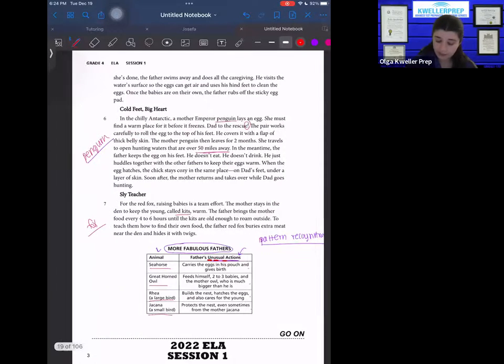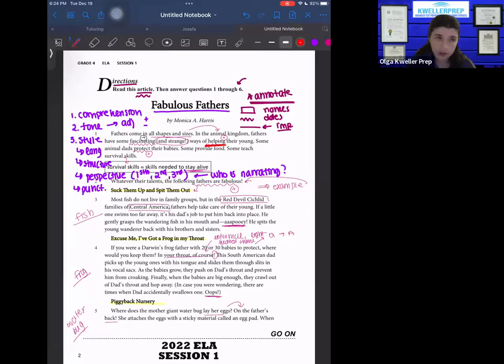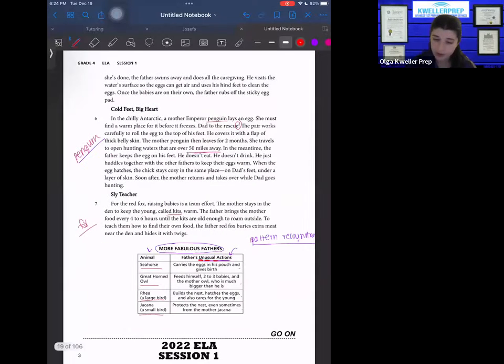So let's find the similarity. In the water bug, she lays the eggs on the father. And then in the fox, the father brings the mom food.